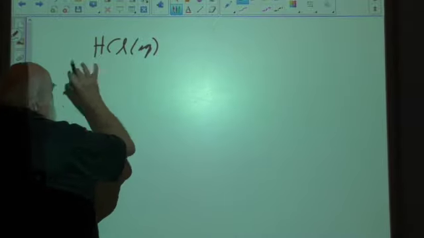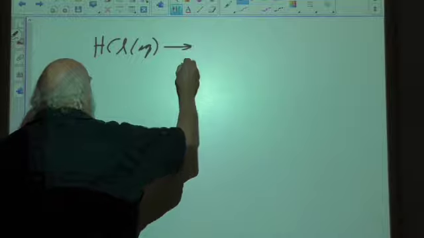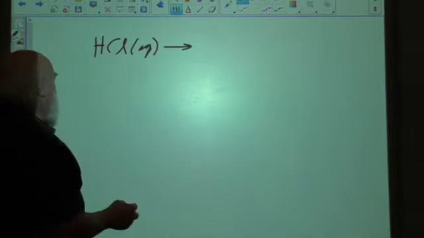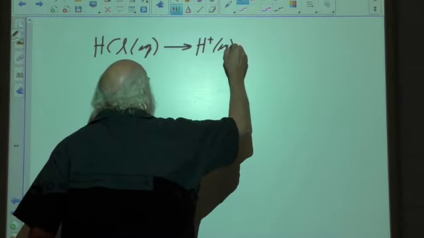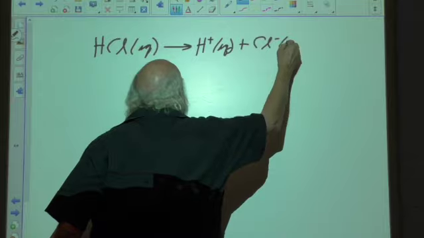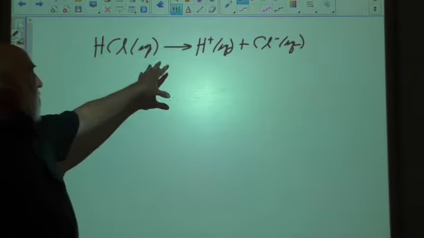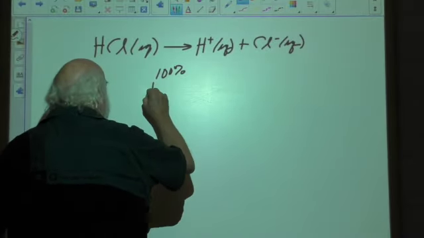But because this is a strong acid, this is going to break apart completely when it gets dissolved in water. So we use a single arrow to show that strength. And so it's H+ (aq) and Cl- (aq). Now, the single arrow basically says 100% dissociation.